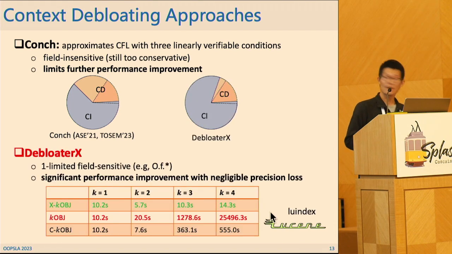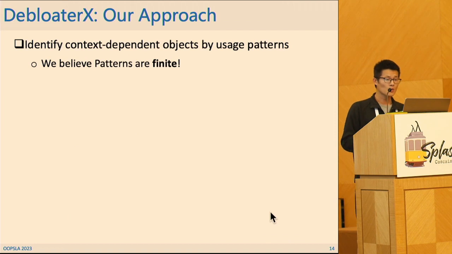So in this work, we introduce another context-debloating technique called DebloaterX. Our technique is limited field-sensitive and could significantly improve the performance with negligible precision loss. Our approach identifies context-dependent objects by usage patterns.